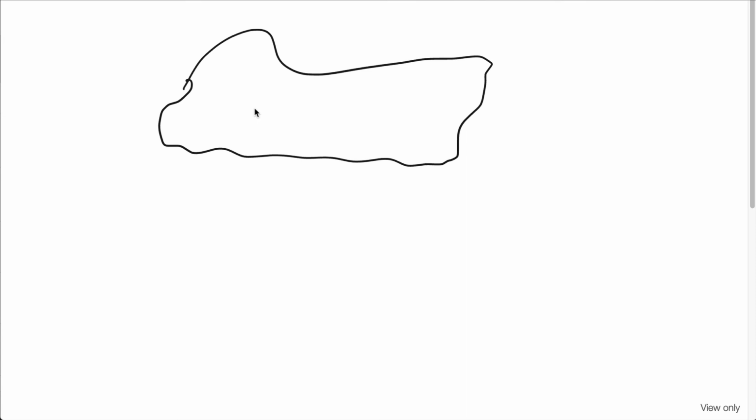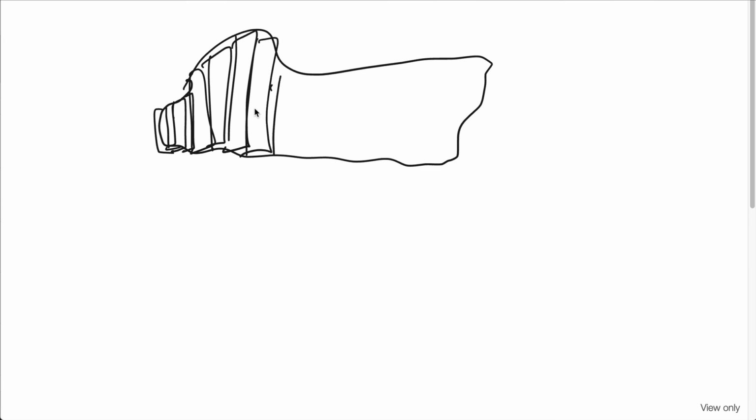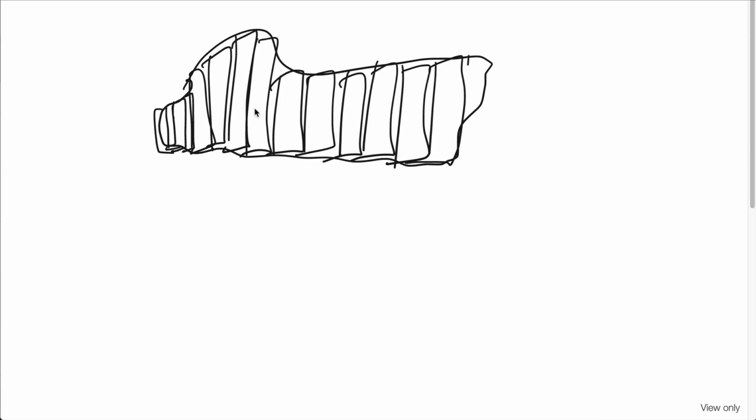Well, basically, one can do little rectangles like this and sum up all these little areas. Where this part is nearly rectangular, you can have big rectangles. And then you have small rectangles where things are changing a lot. And then you just add up the areas of the rectangles, and that's your area of the big thing.